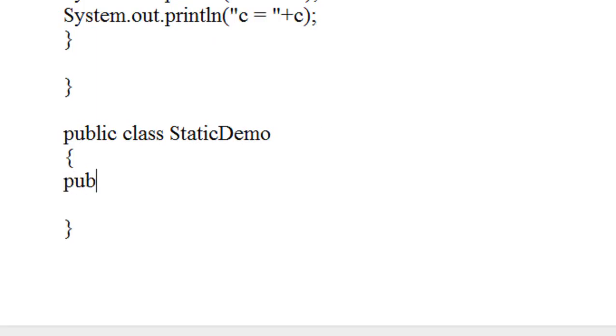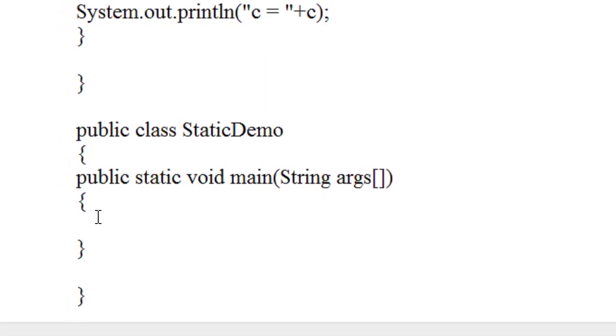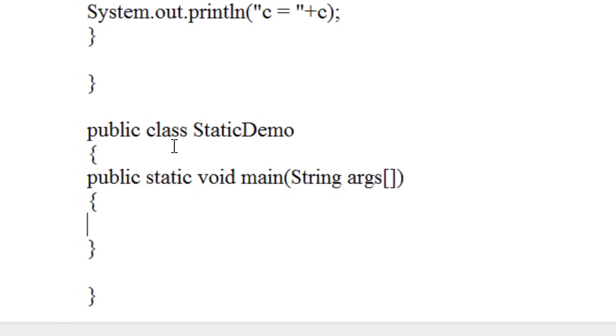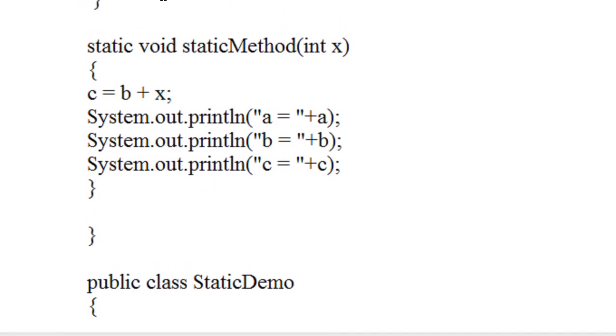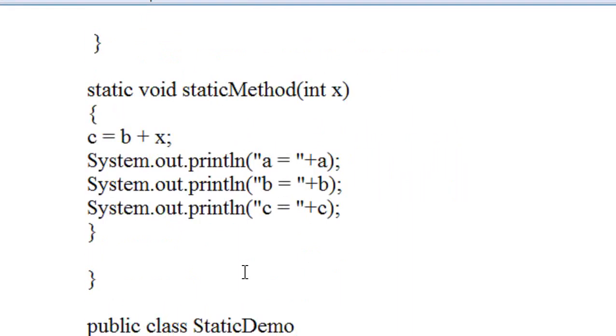Here is the main method, public static void main, with the command line arguments. Now I am going to invoke this method by using only the name of that class.